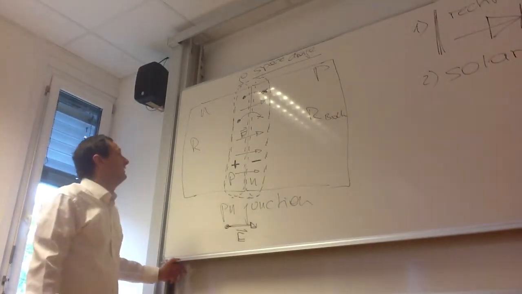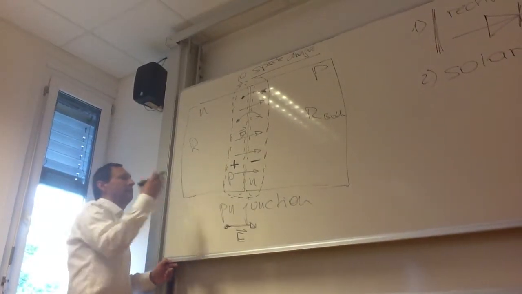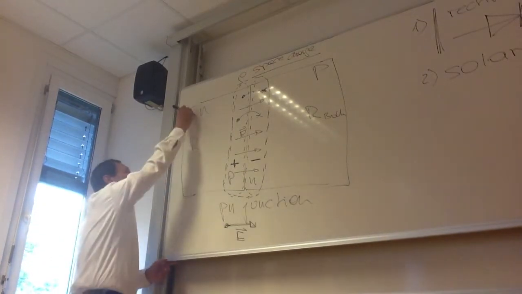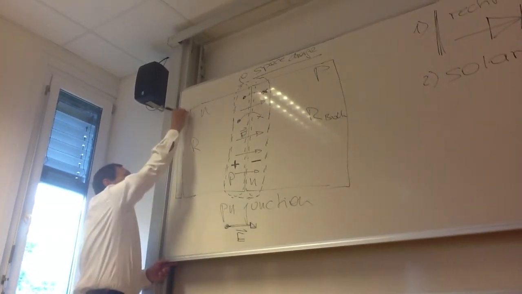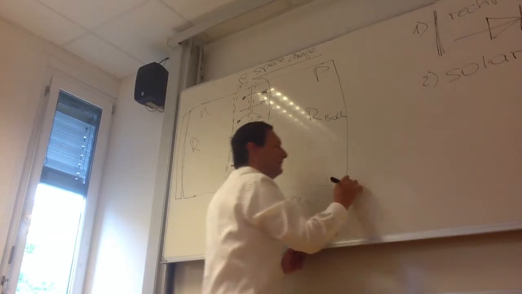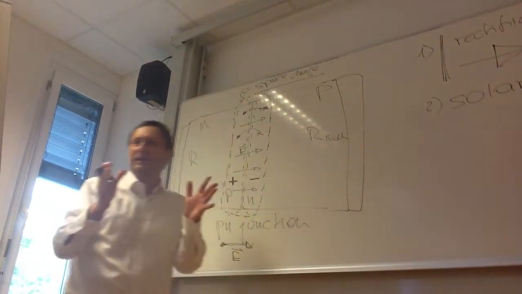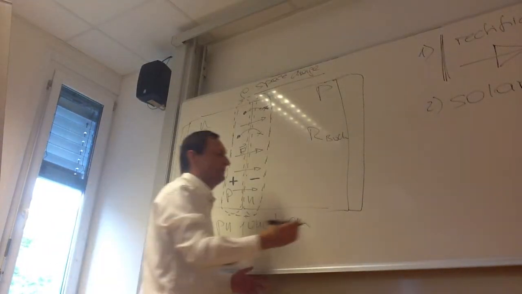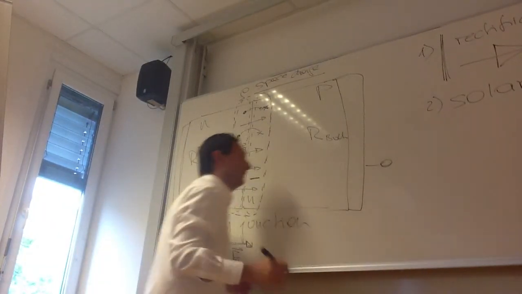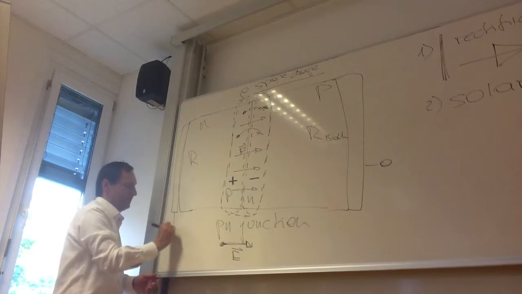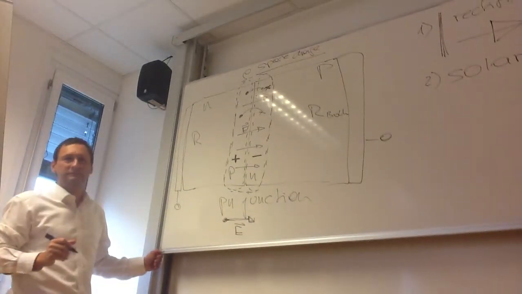So now we have to think about current flow. That means that we put some metallic bonding on the PN structure, on the bulk material, and here we can connect our power source.